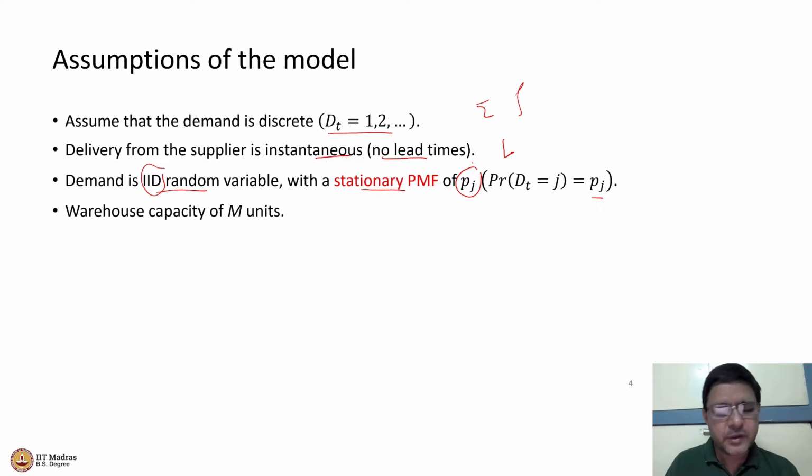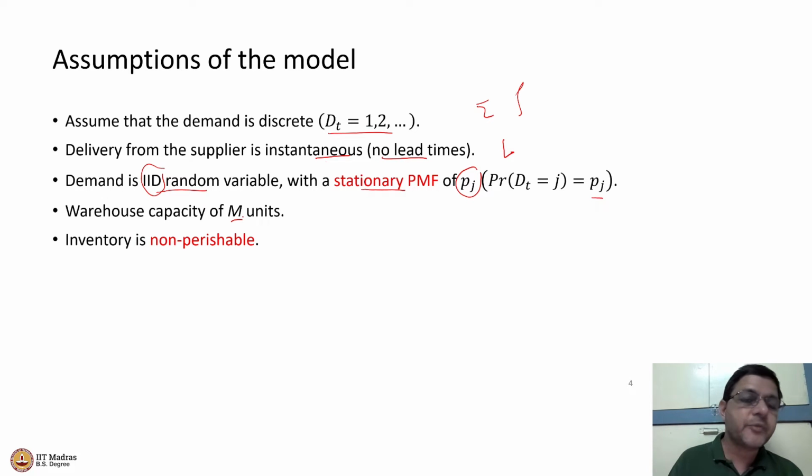And the warehouse, remember, this was the same assumption that we had used in the deterministic dynamic case. A warehouse has a capacity, which means that the state variable can only be up to M. State variable cannot become more than M, because you can only store so many units in the inventory, right? And we are going to make a further assumption that inventory is non-perishable, which means that I can store the inventory for as many time periods as I want.